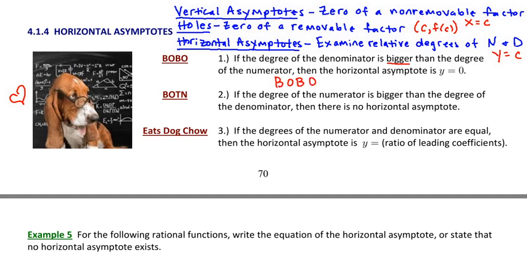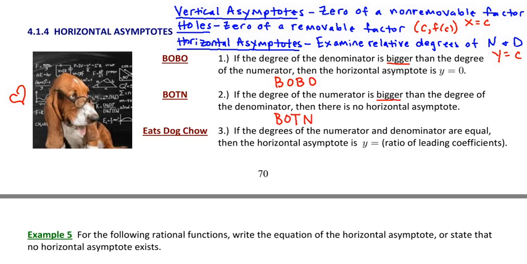So Bobo stands for bigger on bottom, 0. Number two, if the degree of the numerator is bigger than the degree of the denominator, then there is no horizontal asymptote. So in this case, it's bigger on top. If it is bigger on top, then there is no horizontal asymptote.